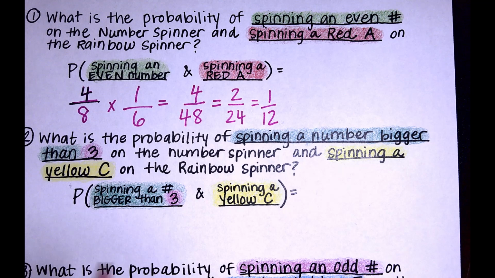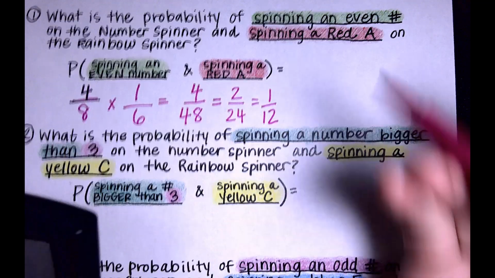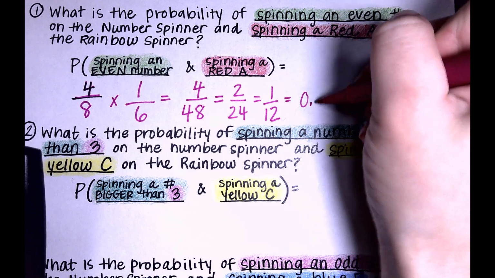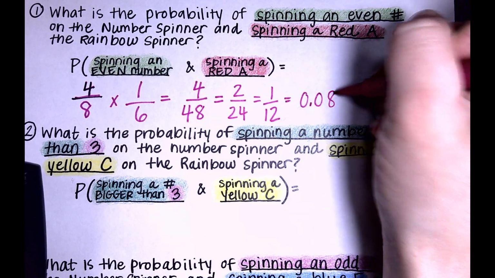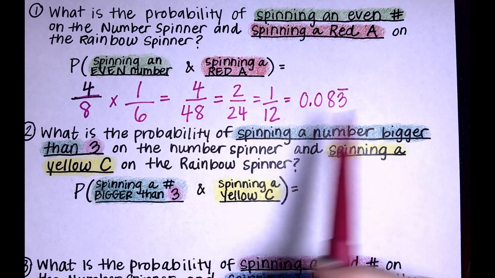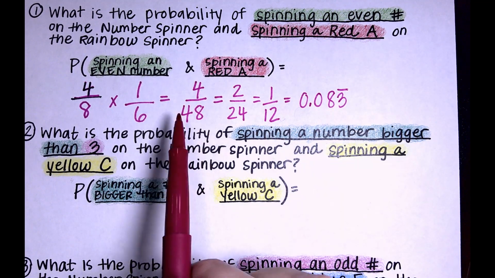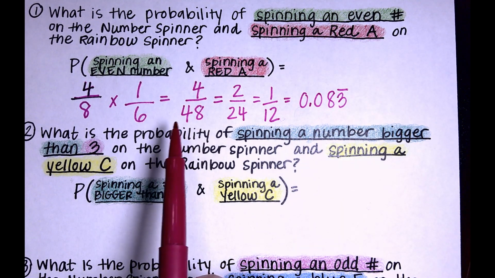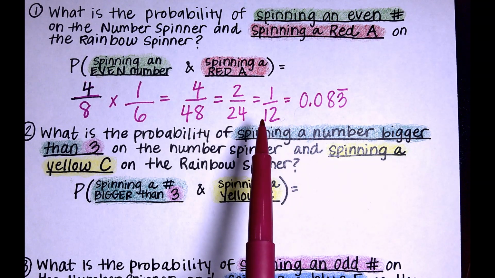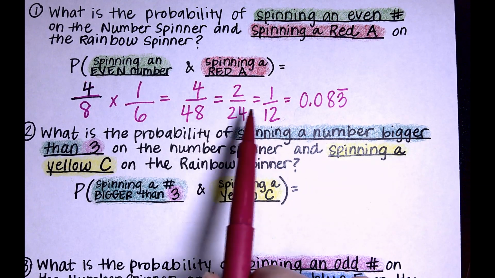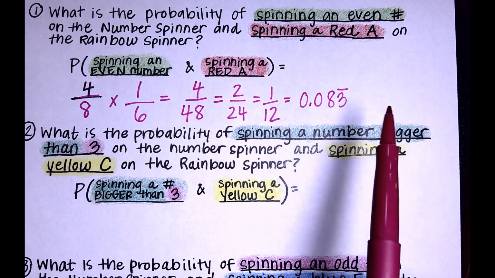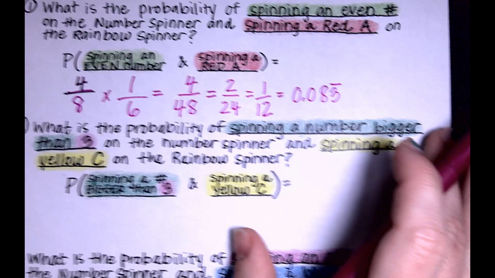Perfect, 1 divided by 12. And that gives us 0.083 repeating. Could I get this decimal by doing 4 divided by 48 as well? Yes, you could. That's why you don't have to simplify the fraction. It's just another extra step. Because even if you don't simplify, you will get the same decimal, you'll get the same percentage.